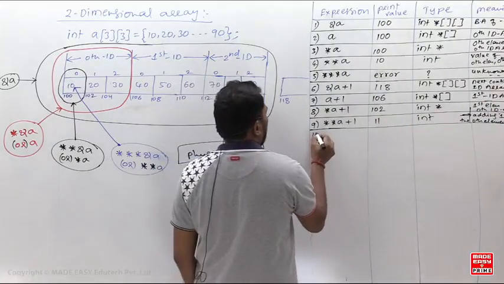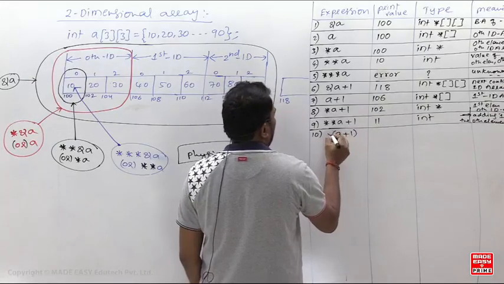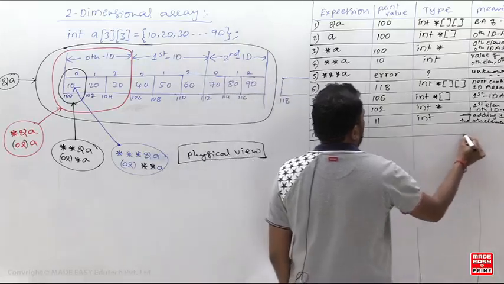Right. So now see this interesting thing here. A plus 1 whole star. Tell me, what is this?